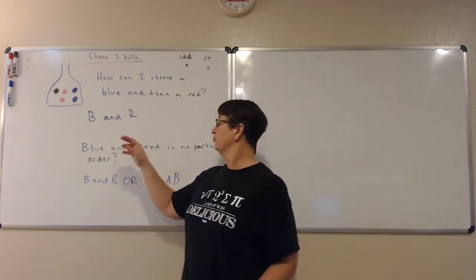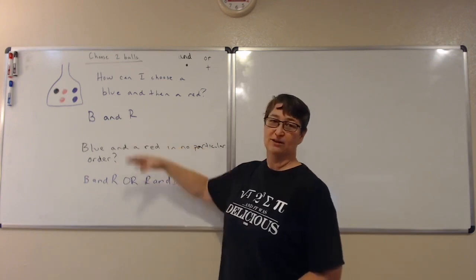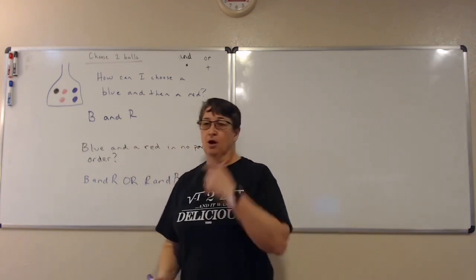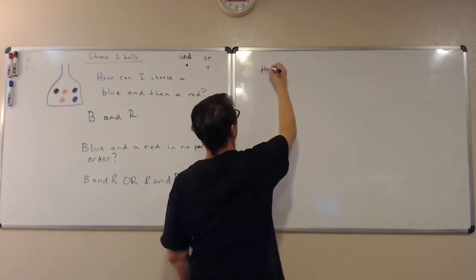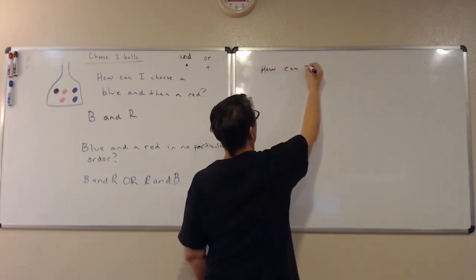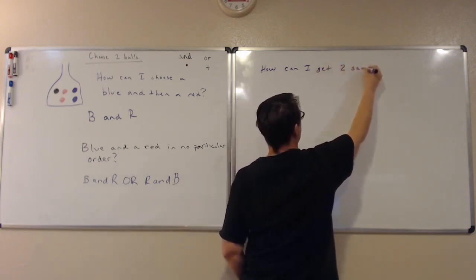So knowing whether or not the order matters is kind of important on how many different ways I can do it. All right, same idea, same urn. How can I get the two of the same color?